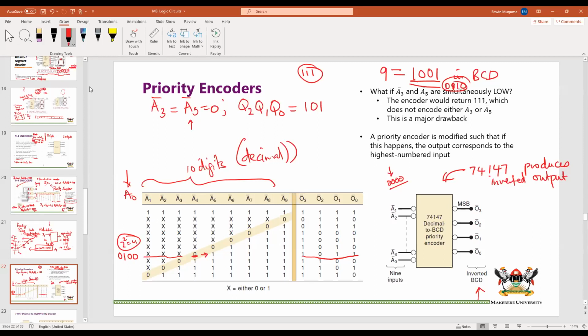As you can see now, when we convert that, it becomes 1, 0, 1, 1. So you need to remember that the outputs here are just inverted. But in circuits, when you want the actual output, you just connect inverters here, okay? And those will give you the actual BCD code, right?